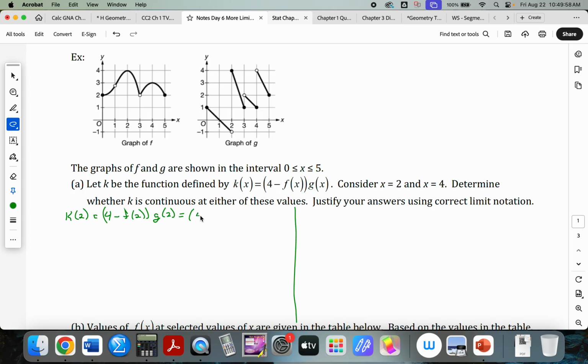So that's going to be 4 minus f at 2 is 4, times g at 2, which is 4. So that's 0.